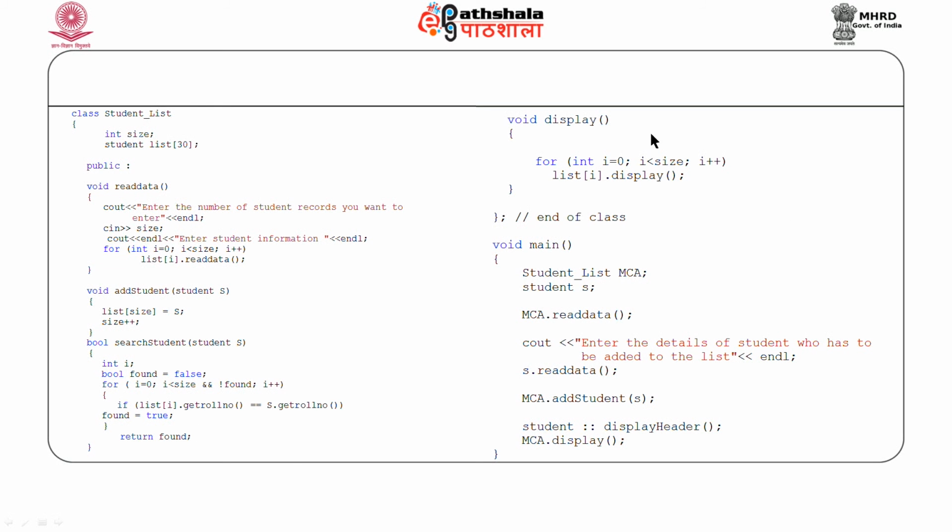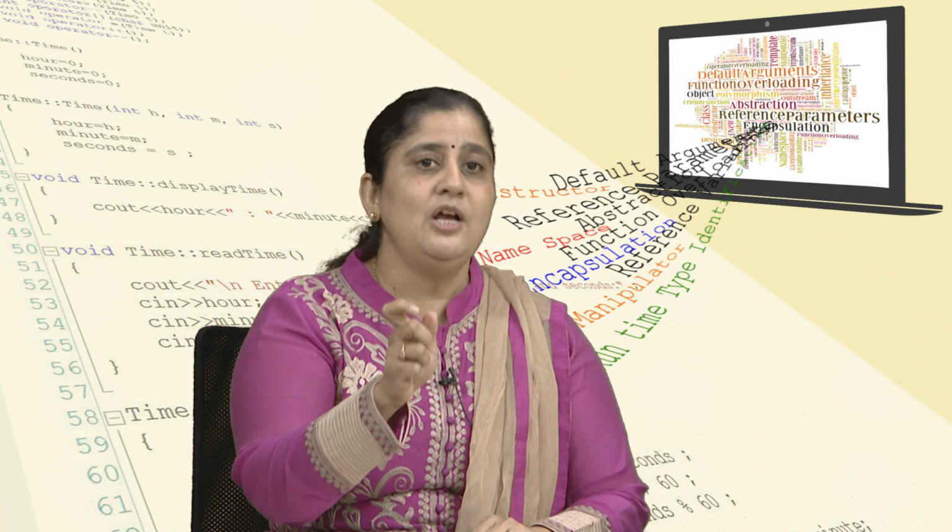So, once we have defined this particular class, now I can create an object MCA of type student list. Now, see here, the MCA is actually representing a list of students. So, I am defining a single object, and this single object is actually defining a list of students.